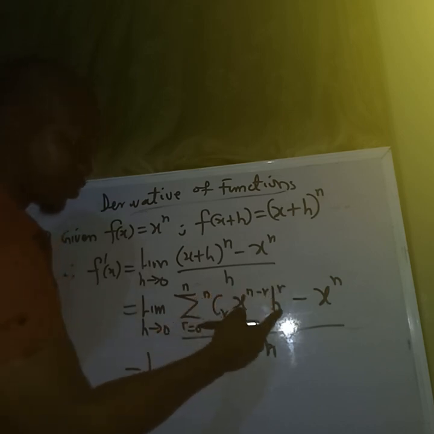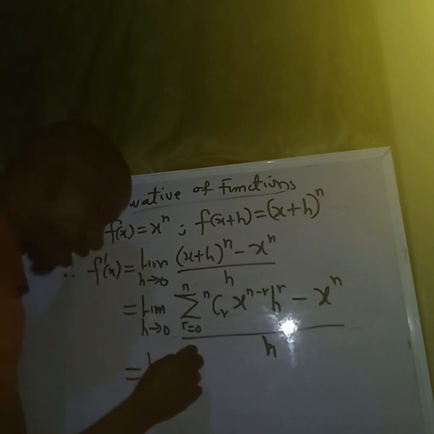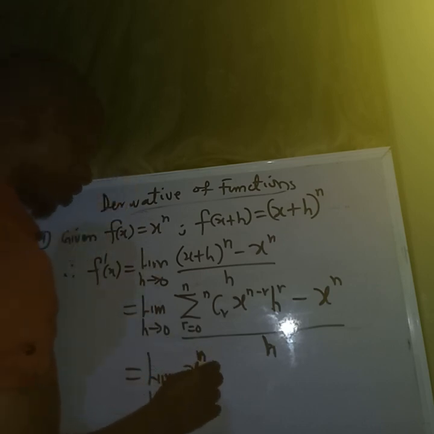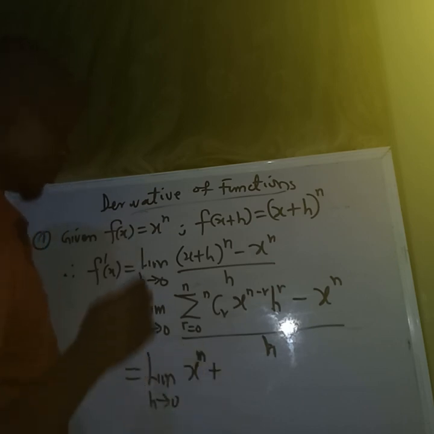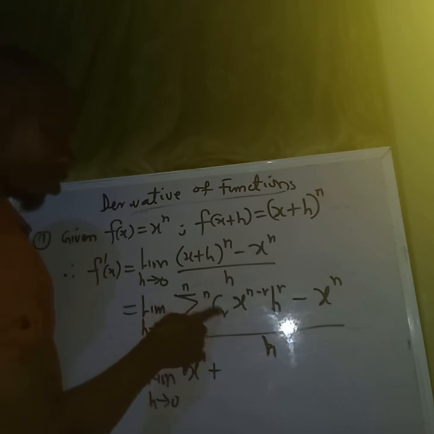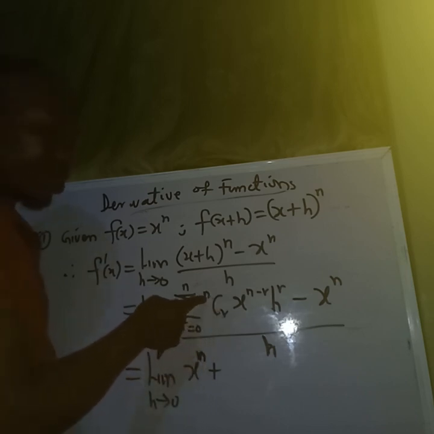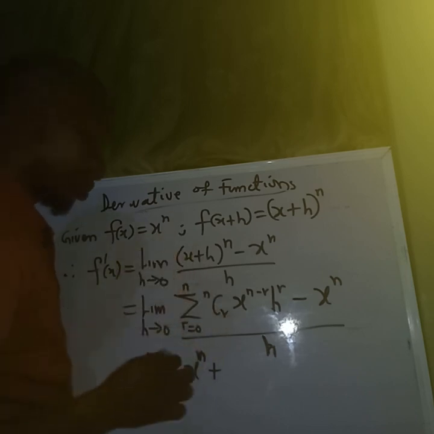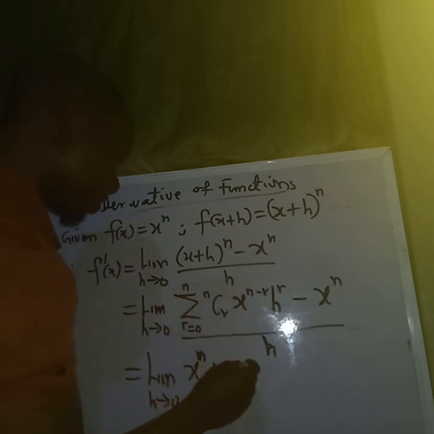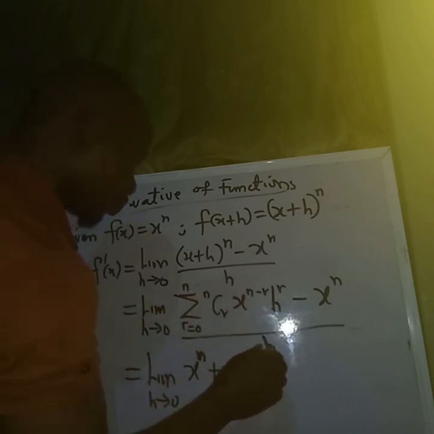So this is 1, and this is 1 for the first term. Let's express the second term. When r is 1, we have n combination 1, and n combination 1 is n. So here we have x raised to the power of n minus 1.